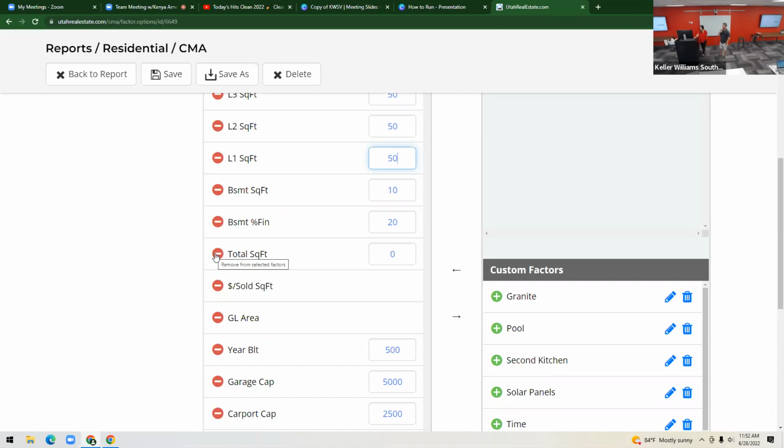In a very specific scenario like that, I would go back to the paired sales analysis and the regression analysis. I'd have to look at a big data set of sales in that building specifically, or a similarly located high rise in Salt Lake, and try to find similarly sized condos where the only difference is the floor, to determine how much of an adjustment the higher you are in a condo.